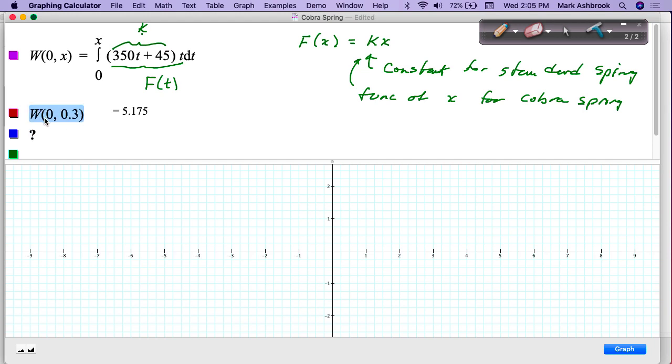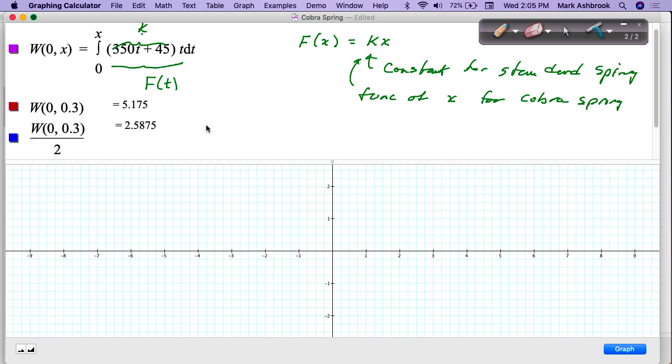Right, so I'm going to take that answer and divide by 2. We know for sure this is half of the work, right? Guessing based on the length is a guess. We don't really trust that. We know things are changing as we're compressing this. So that's half of the work.